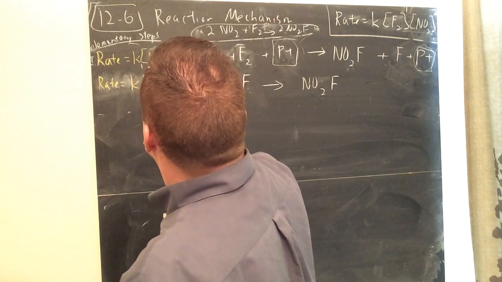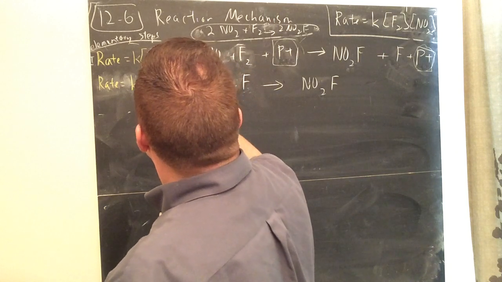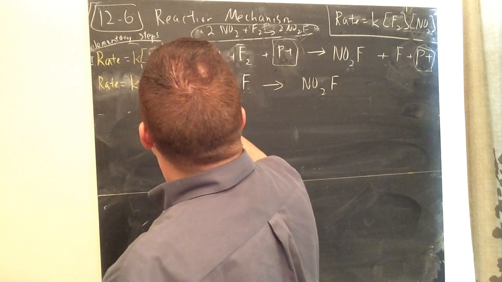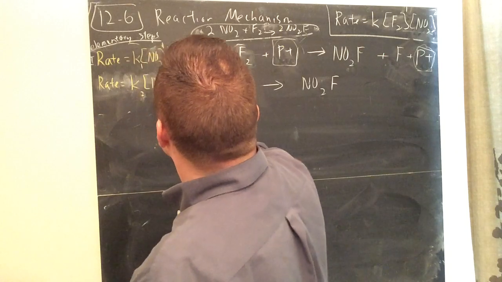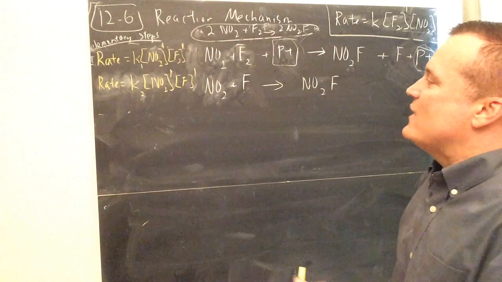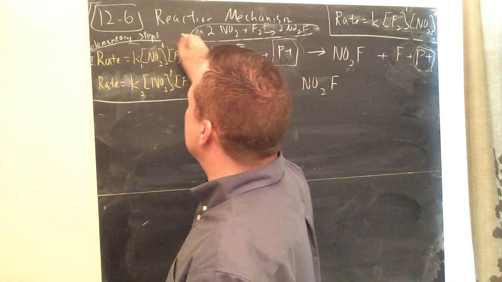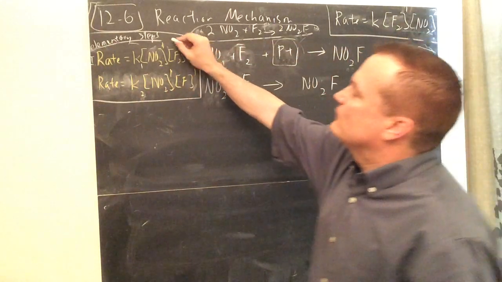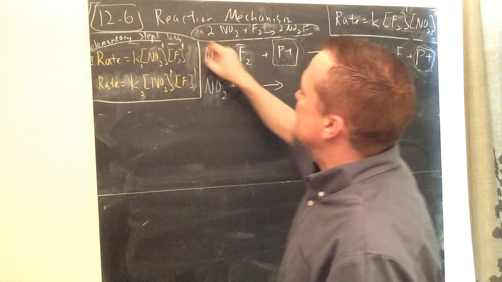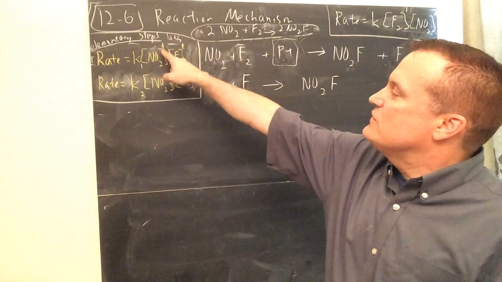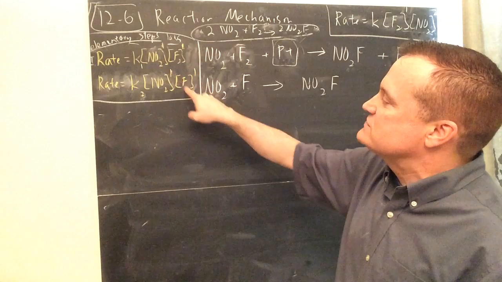Now, some textbooks might show you about mathematically calculating the K, and we're not going to have to do that for a mechanism, so don't worry about that. So there they are. Let me put those aside for a minute. Here are the elementary step rate laws, and here are the elementary steps 1 and 2: NO2 to the first, F2 to the first, NO2 to the first, F2 to the first.